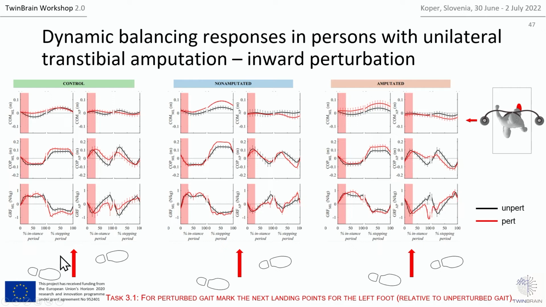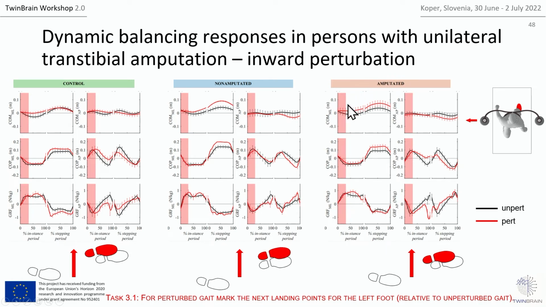These are the unperturbed footprints, and this is where the footprints would be if the gait were perturbed. We see a slight displacement with respect to unperturbed walking in the control group, and a somewhat bigger displacement of the center of pressure in the non-amputated group, meaning that the footprint would shift in the direction of the perturbation, towards the lateral direction.